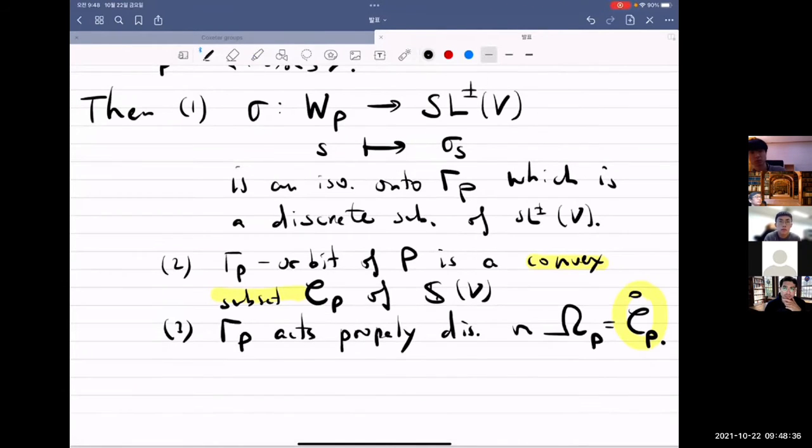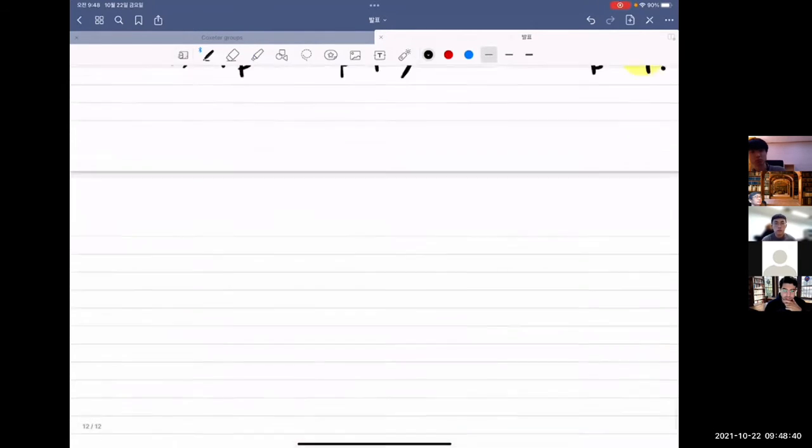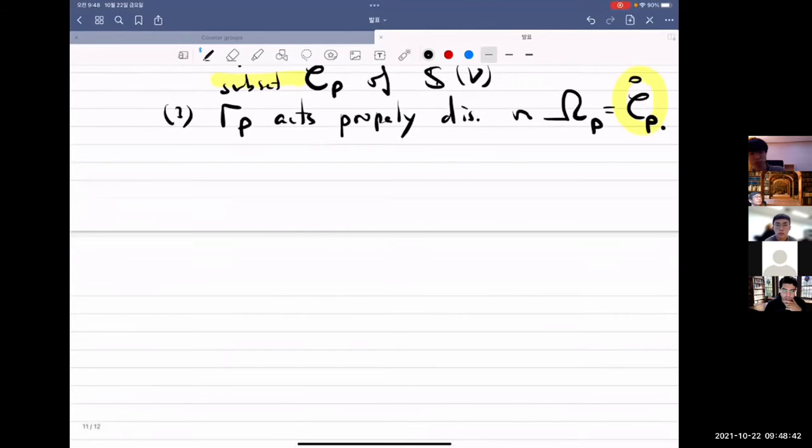Okay. So let's try to construct this representation we call the Tits-Vinberg representation from the Cartan matrix. Okay, so how can we construct it?